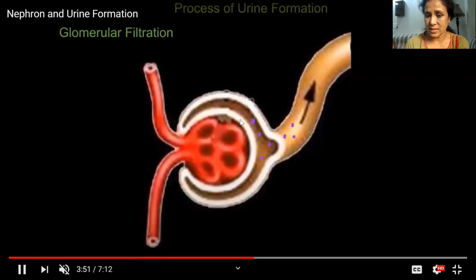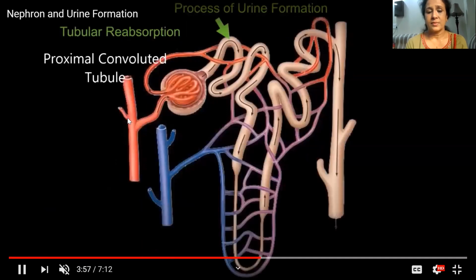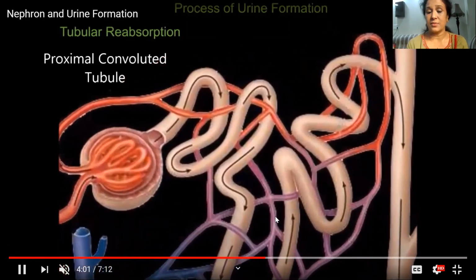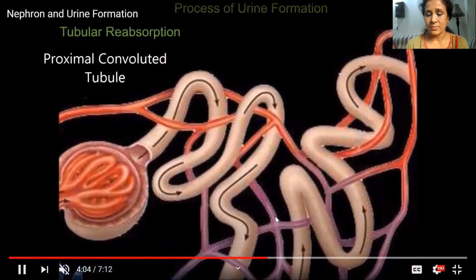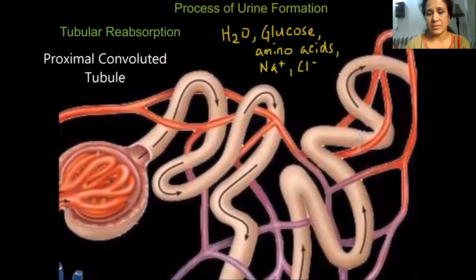See, both of these are acting as the filter, and the filtrate is collected here. This is the network of capillaries around this, in which reabsorption will occur, because whatever is reabsorbed has to go back to the blood. So that is why there are blood capillaries all around this tubular system.